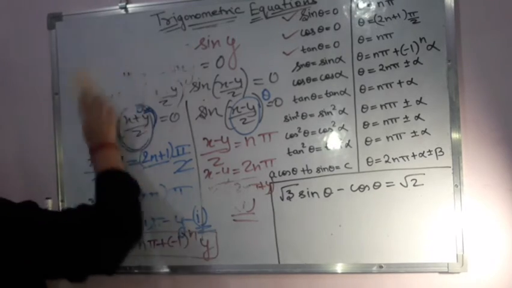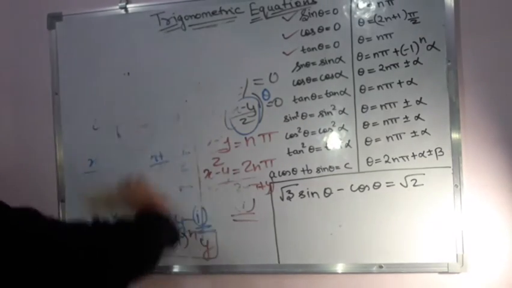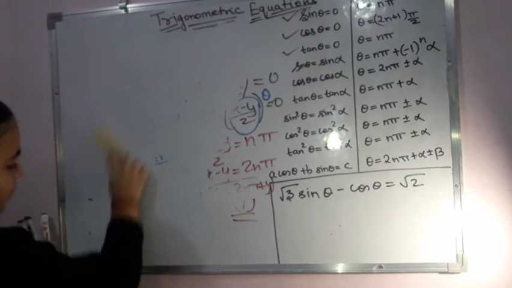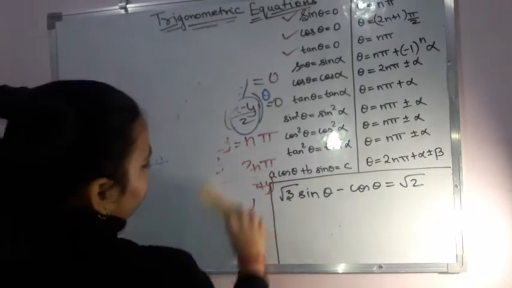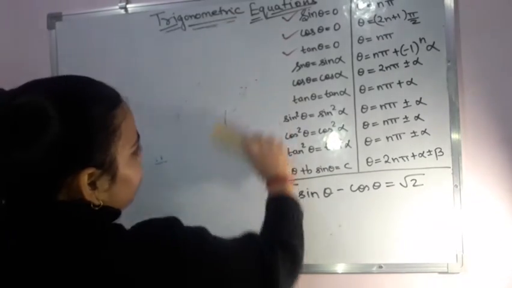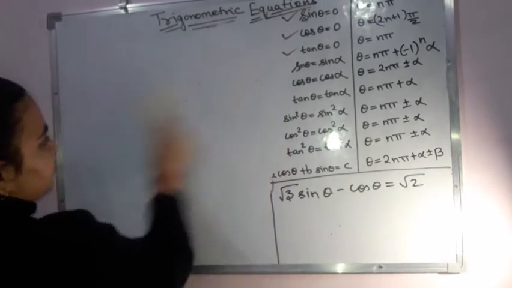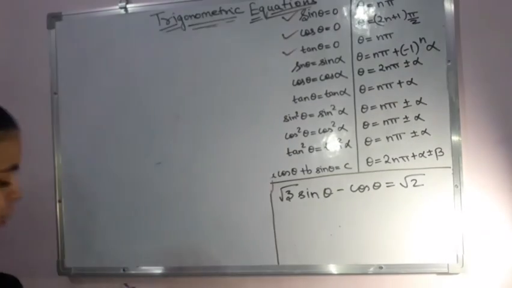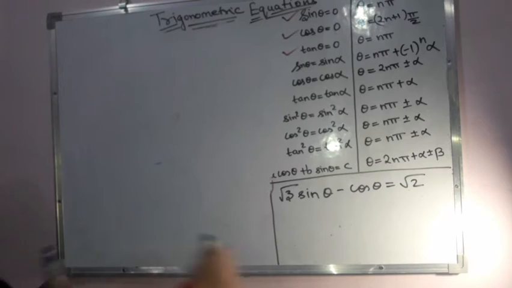Okay. Now let us see for cos, where we have cos theta is equal to cos alpha, an equation of that sort. Then how are we going to solve it? What will be the value for theta in that case?